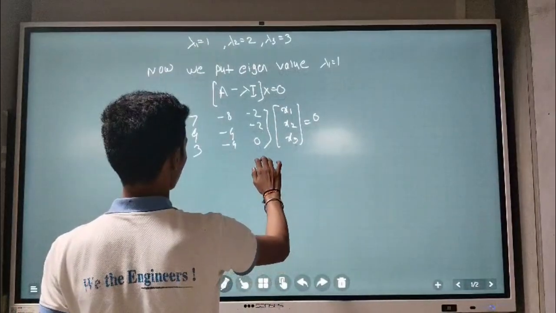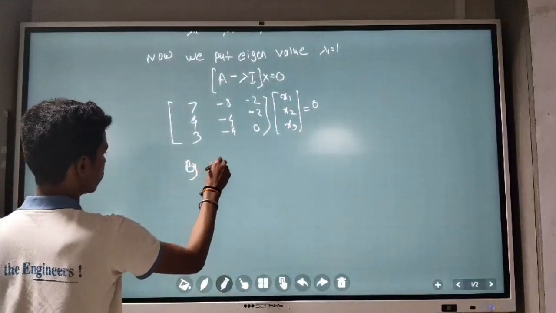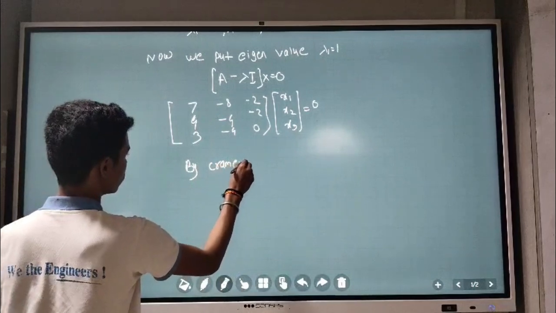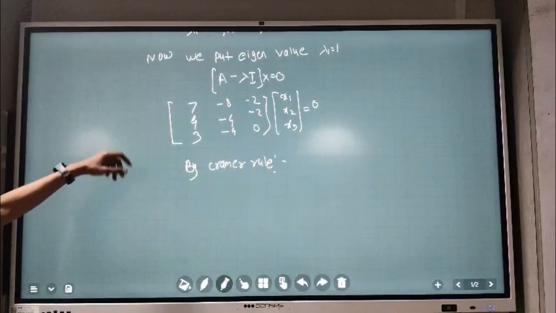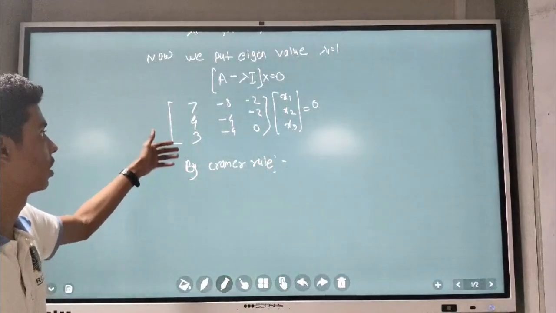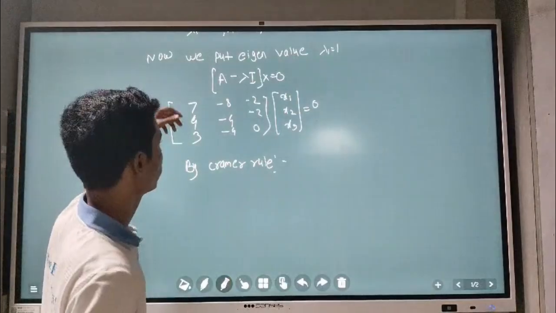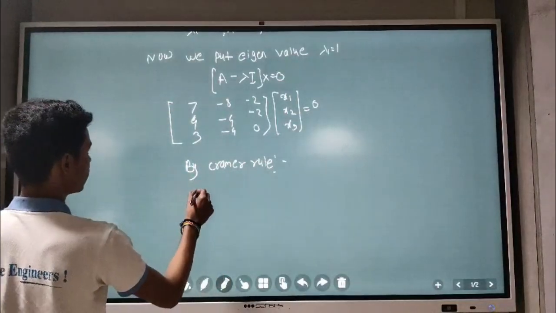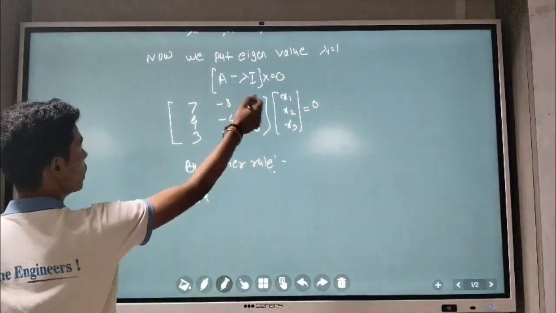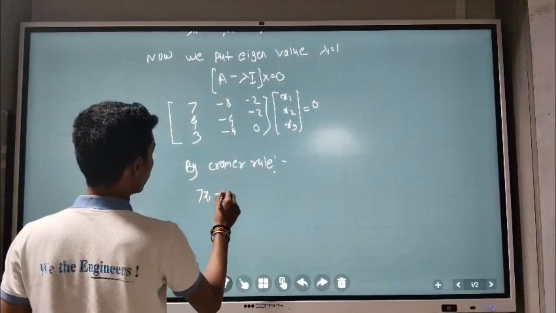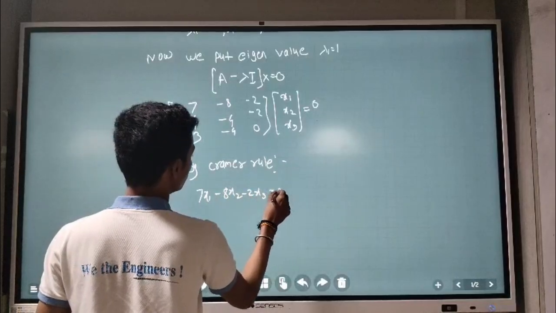Cramer's rule says that we take any two rows, like the first and third row, second and third row, or second and first row. We take any two rows randomly. So we take the first and second row, and multiply side by side by x1. So 7 x1 minus x2 minus x3 equal to 0.